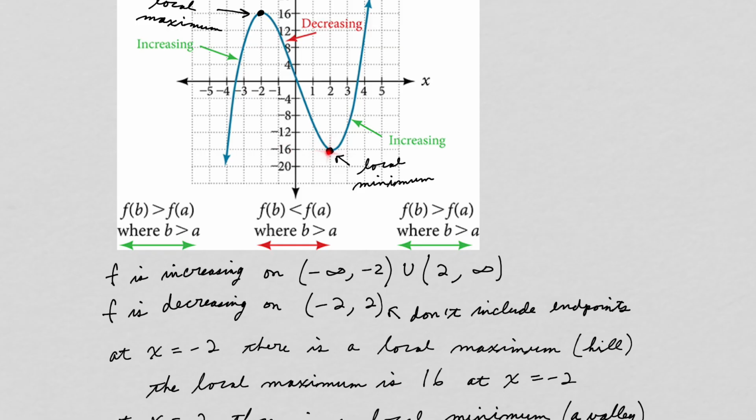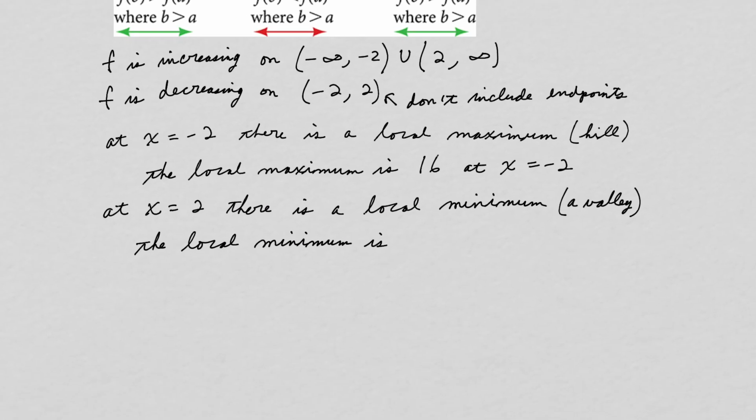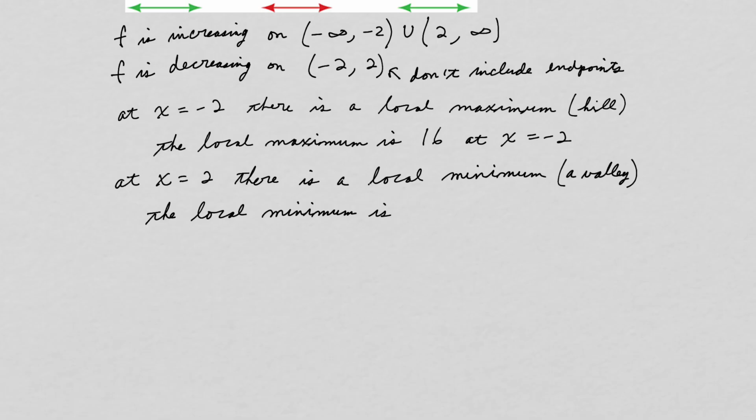So the coordinates of that point would be 2 comma negative 16. The coordinates of this point would be negative 2 comma positive 16. So the local minimum is actually negative 16, and it occurs at x equals positive 2. So I can say the local minimum is negative 16 at x equals positive 2, right?